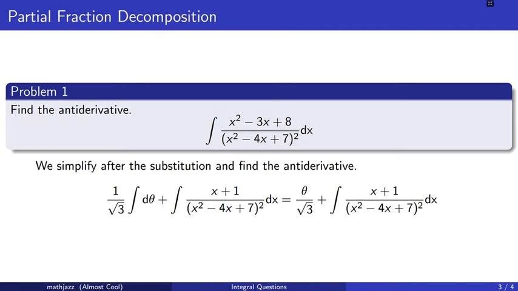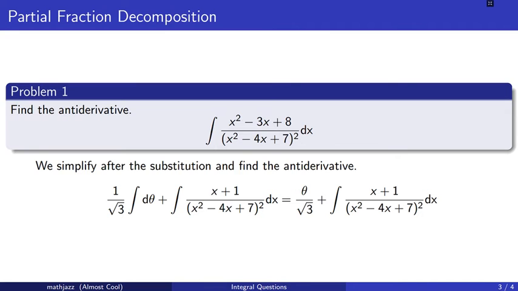Now we left the right-hand side integral alone in this whole process. So now we come to it. And we look at it, and it looks hard. Oh, I guess we also took the integral of d theta to get theta over square root of 3 as the value of the integral on the left.